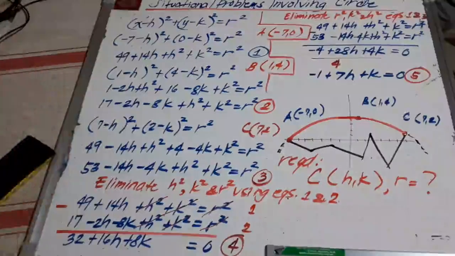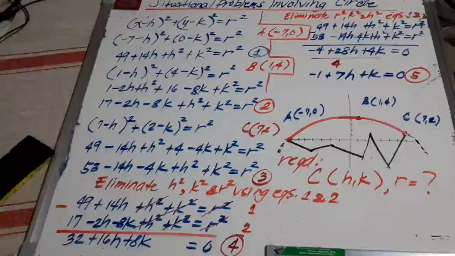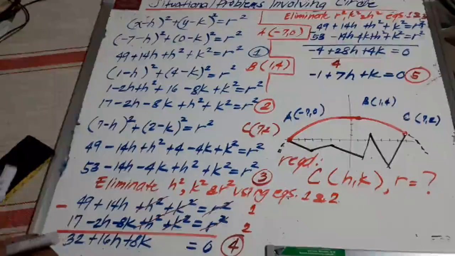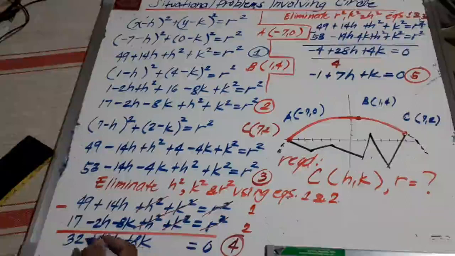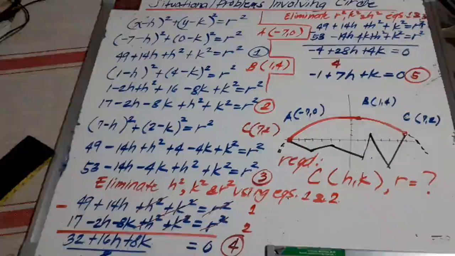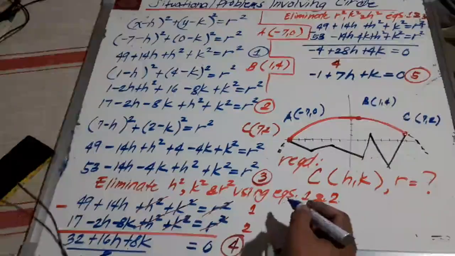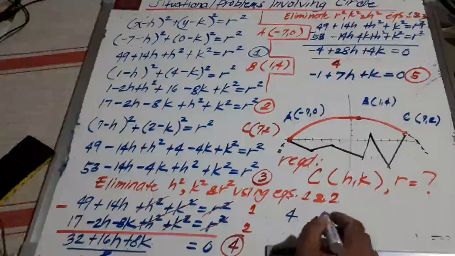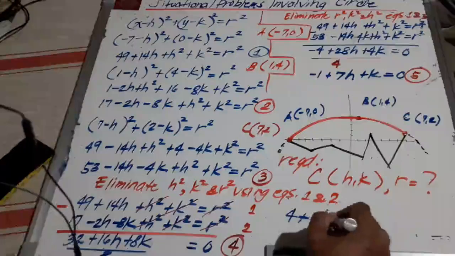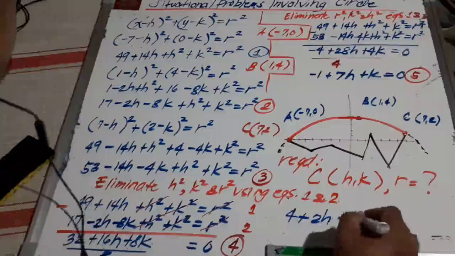Pansin ko, yung equation 4 natin, pwede pang masimplify by dividing all of the terms by 8. The new equation will be 4 plus 2h plus k equals 0.